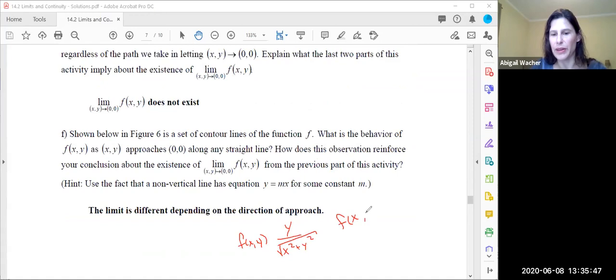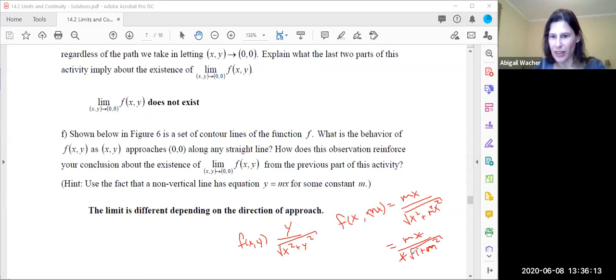then replace the y with mx, and so you're going to get mx over the square root of x squared plus m squared x squared, and so you're going to get m squared x squared, and so then you can do mx over, you can factor out the x, so x over the square root of 1 plus m squared.